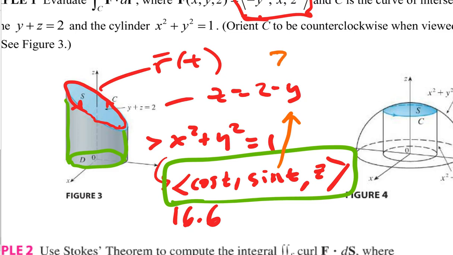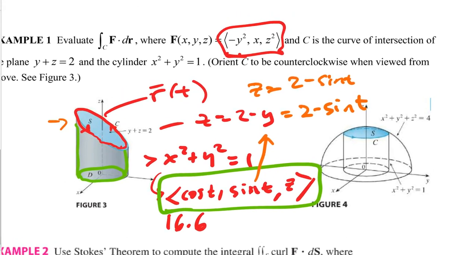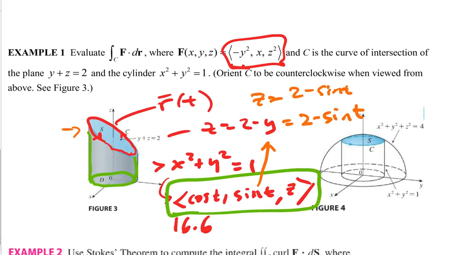So we would get z equals 2 minus sine of t. That is that circle. Z equals 2 minus sine t. That's interesting. Huh. Okay. Anyway, so then that would be your r(t).